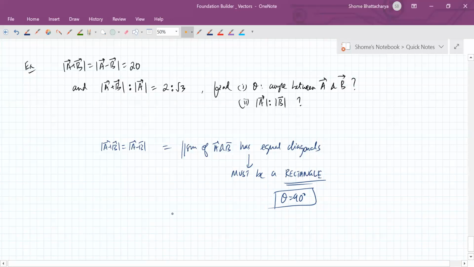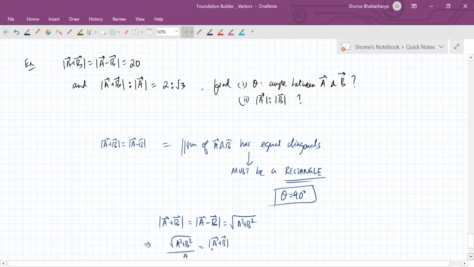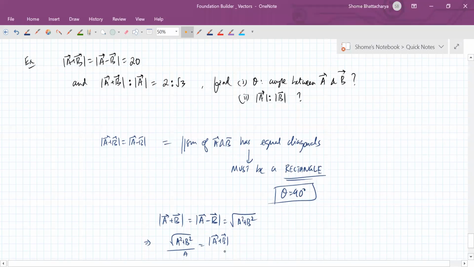Once you have that, now you can see that mod of a plus b is equal to root of a square plus b square. So the root of a square plus b square upon a will be magnitude of a plus b upon magnitude of a, which is 2 by root 3.